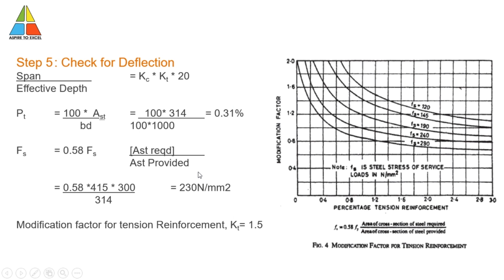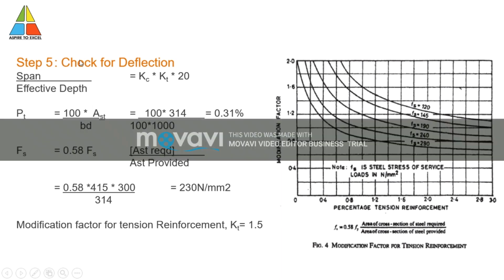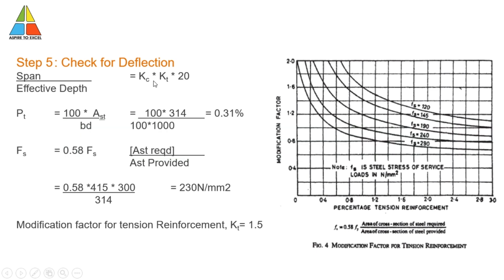Now we'll come to step number 5. We'll check the deflection, as in the beginning we assumed a depth using this value only: span by depth is equal to 20, and here two parameters are there, Kc and Kt. Since there is no compression reinforcement, there is no point in using Kc. We need to calculate the value of Kt, and for this we have Figure number 4 given in the code.